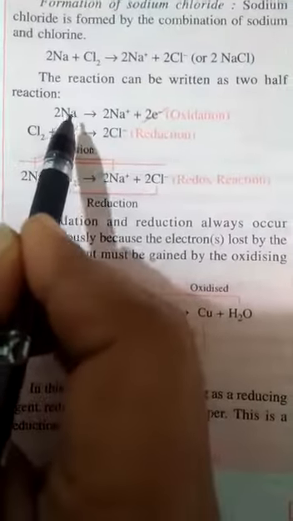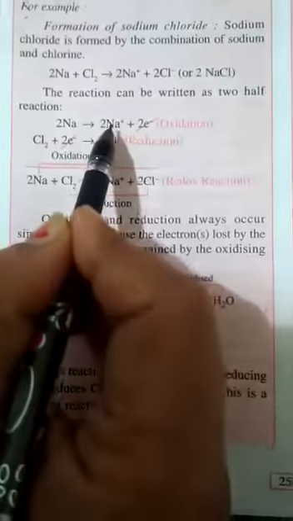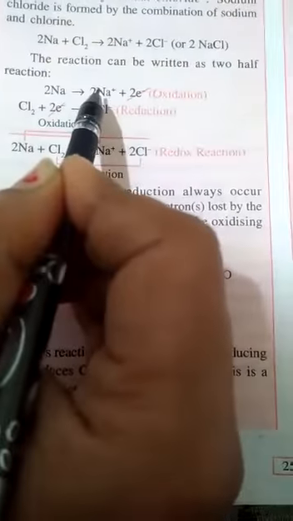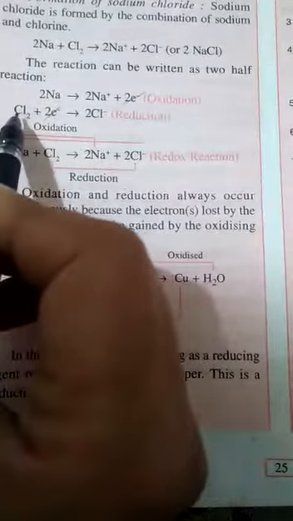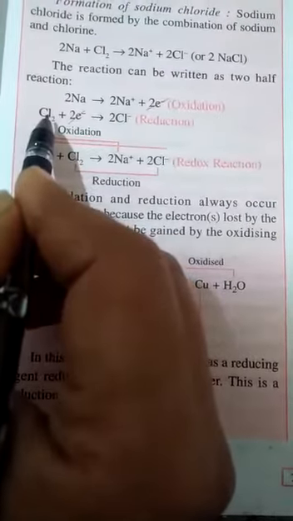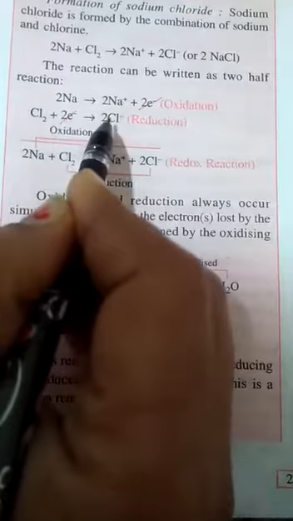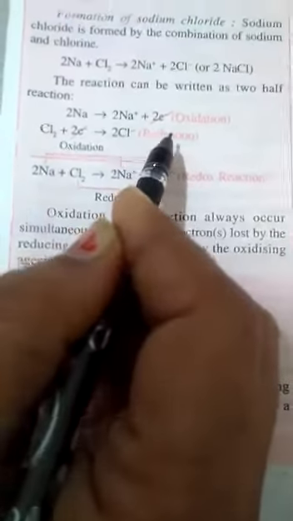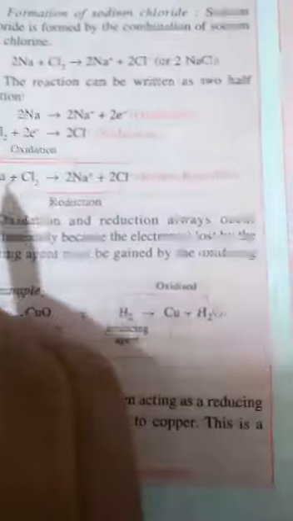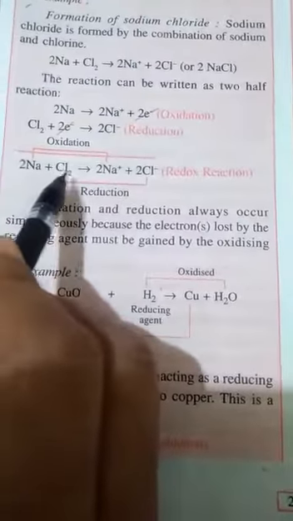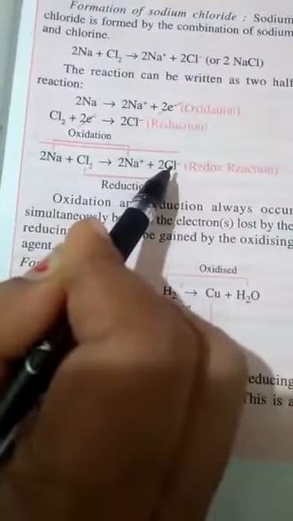2 sodium atoms removing 2 electrons and forming the positive charge. The chlorine molecule contains 2 atoms of chlorine, adding 2 electrons and forming the chlorine ion by reduction. See here in this example, sodium plus chlorine molecule producing sodium ion and chlorine ion.